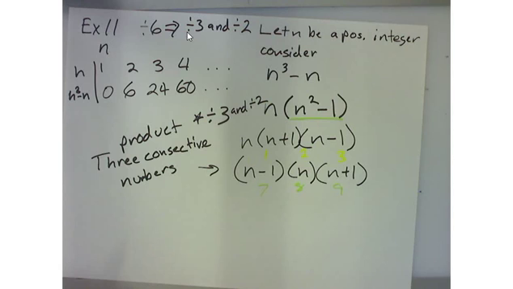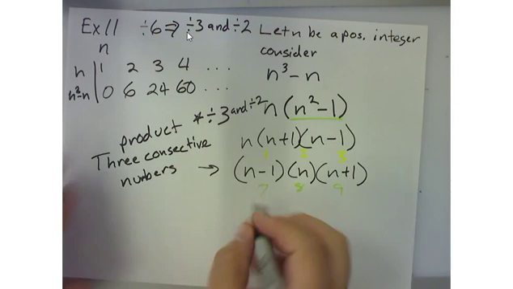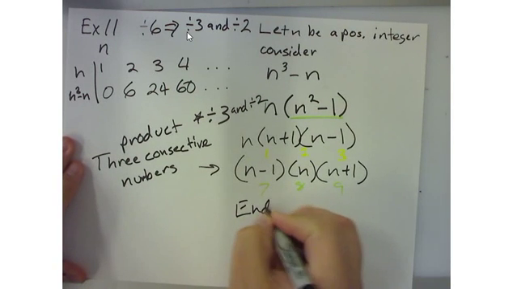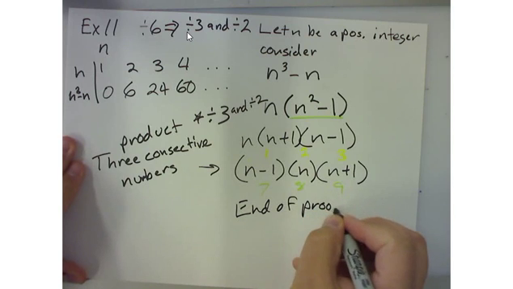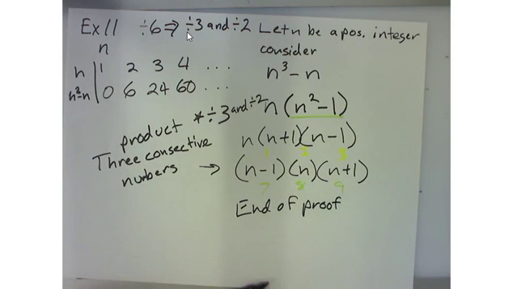And any number that's divisible by 3 and divisible by 2 is divisible by 6. Now this is very informal, but we've shown that. Does that make sense? Okay. Pretty cool.